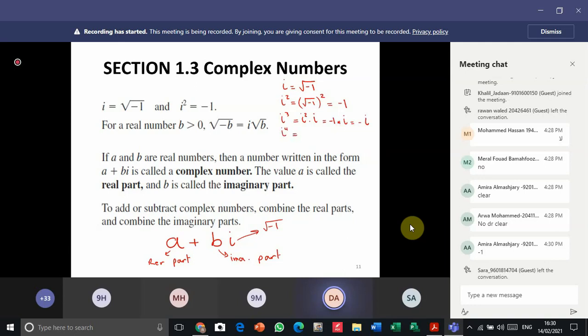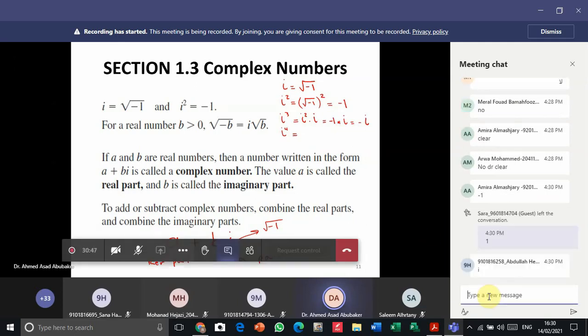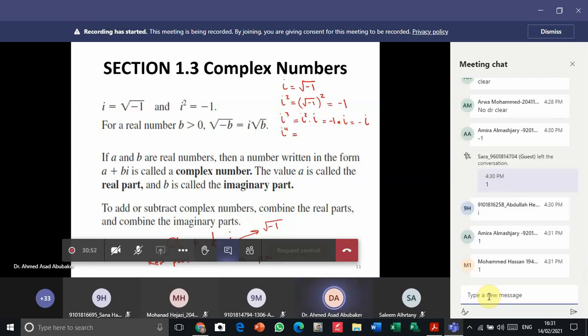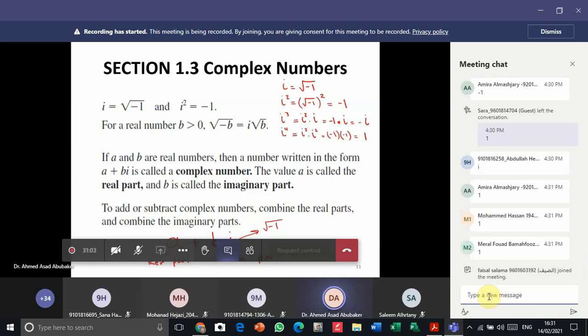I to the power 4. What's the value of I to the power 4? 1. Not I, 1. Why? This is I square multiply I square. I square is negative 1 multiply negative 1. This is equal to what? 1.